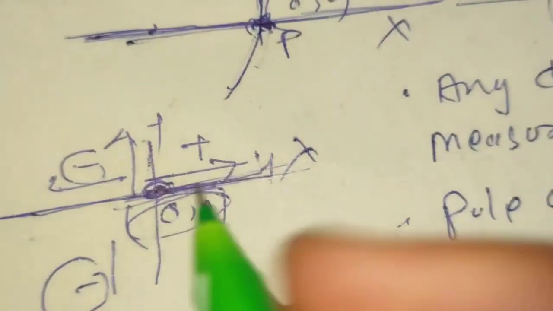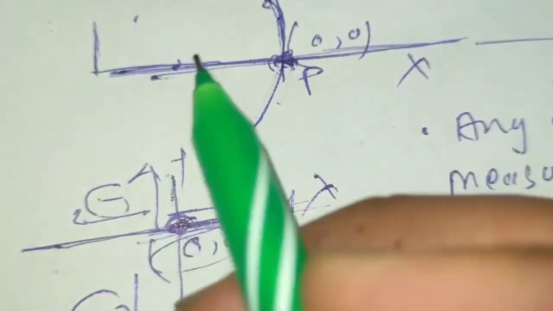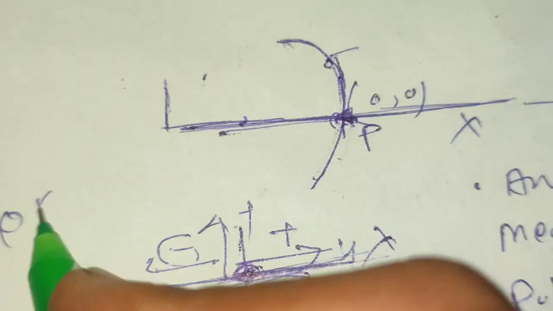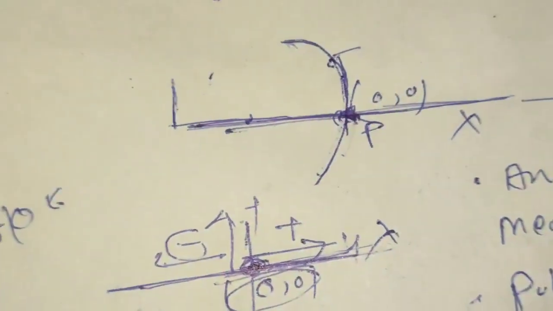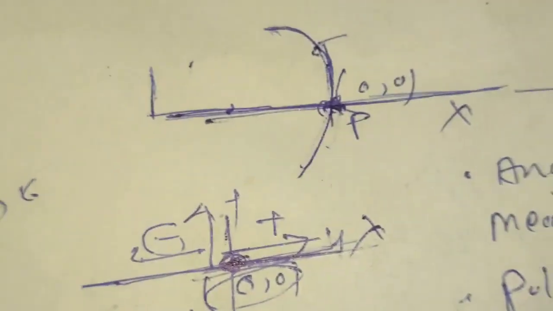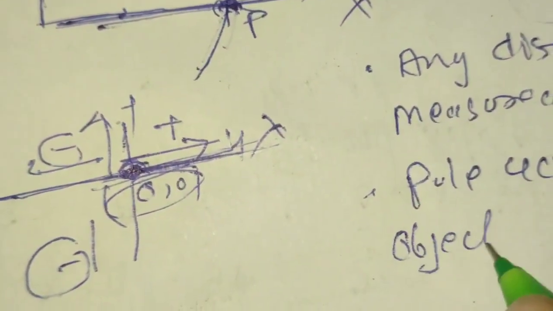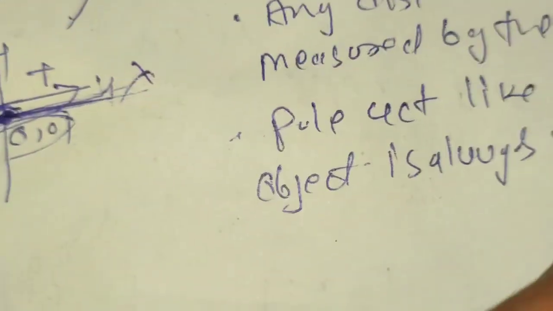The object is always put on the left-hand side. Why? Because we start from the basic, like from 0, like 1, so similarly the pole starts from the negative, because it is the left-hand side. An object is always put on the left side.